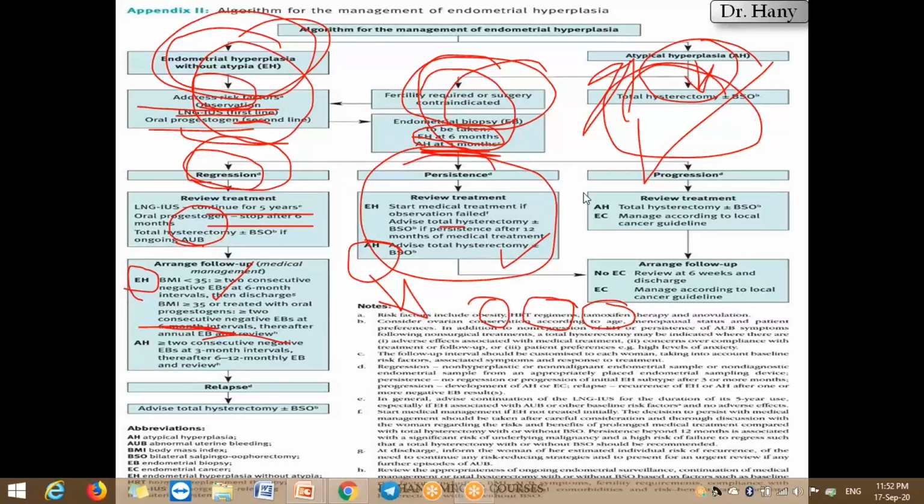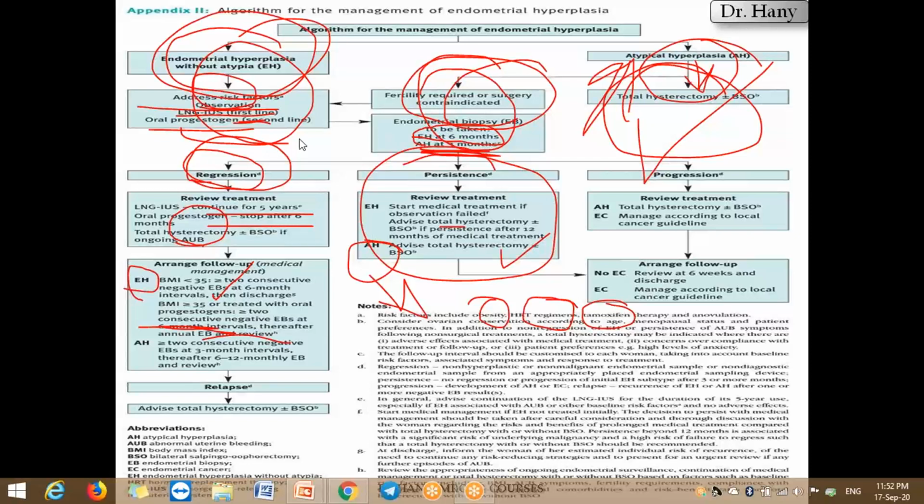Excellent. Why? Because even if she is regressed, she still has persistent endometrial hyperplasia, persistent for 1 year. Even though she regressed from atypical to hyperplasia only without atypia, it is persistent for 1 year.